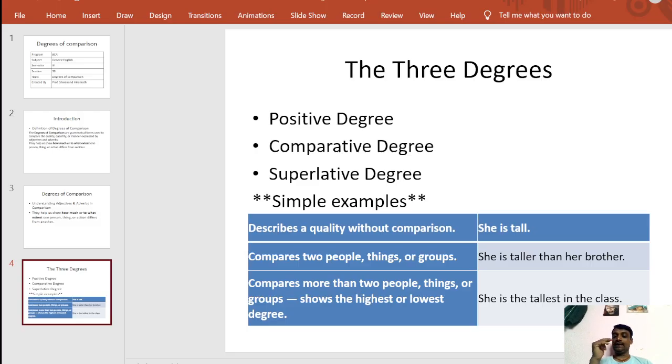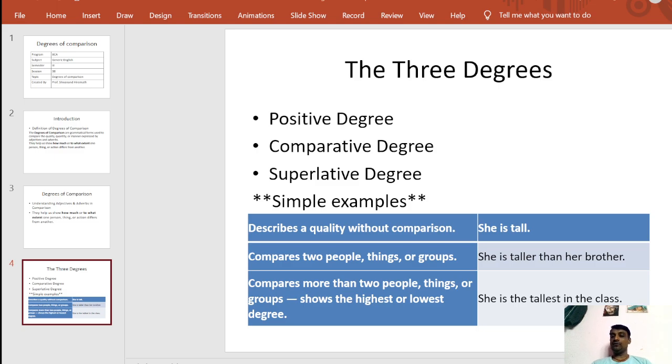The second one is the comparative degree. There you can see, "She is taller than her brother." Brother and sister have been compared about their height, the quality and quantity of their height. So she is taller than her brother.